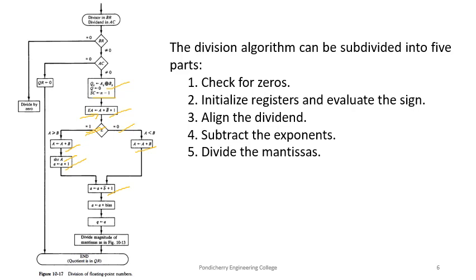Both exponents are in biased form, since we have added a positive bias to A as well as B. When you subtract, the bias component gets cancelled from the difference value. So to bring it back, we have to add this bias. We can compare this with the multiplication step, where we have to subtract the extra bias. Here the bias is removed, so we have to add it again.